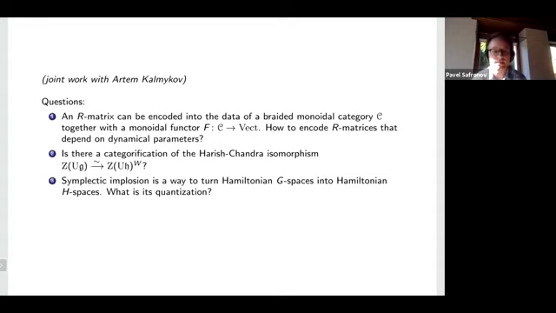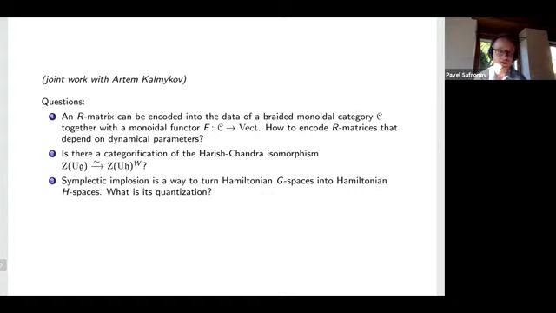Another motivation is the following. It's slightly imprecise, but the idea is, okay, so suppose you have some simple Lie algebra g, and h is the Cartan subalgebra. Then you have this Harish-Chandra homomorphism from the center of the universal enveloping algebra of g to the symmetric algebra on the Cartan.